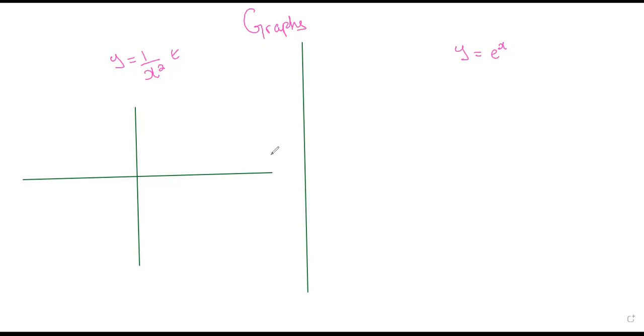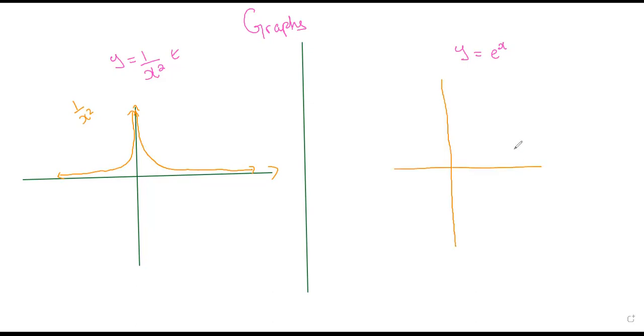If this is the y-axis, it would be close to it, but it would never cut it. It would go along this, but it is not going to cut it. On this side as well, and on this side as well. They would get very close, but it is not going to cut the x-axis and y-axis. This is an asymptotic graph. So this is for y equals 1 over x squared.